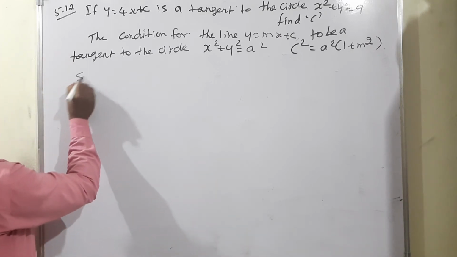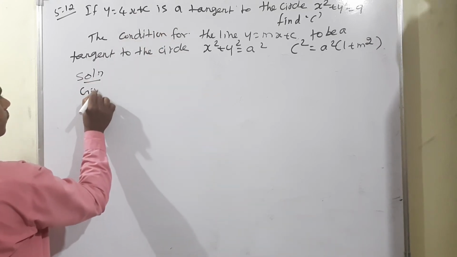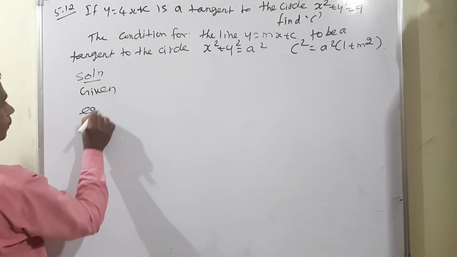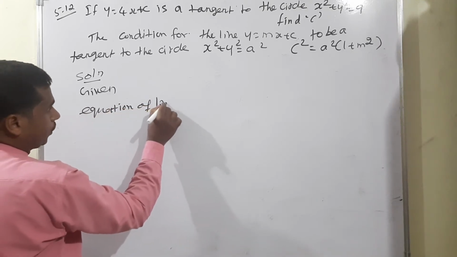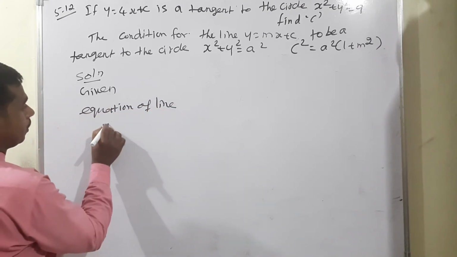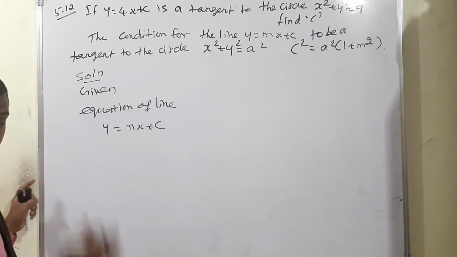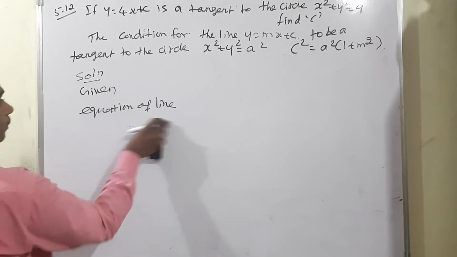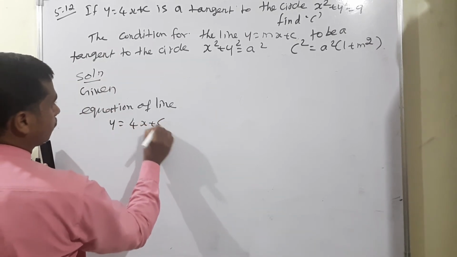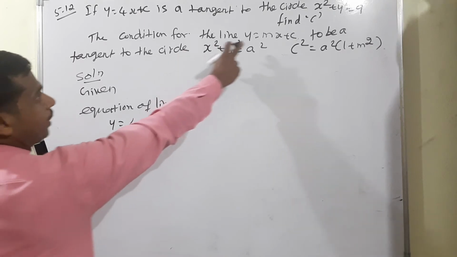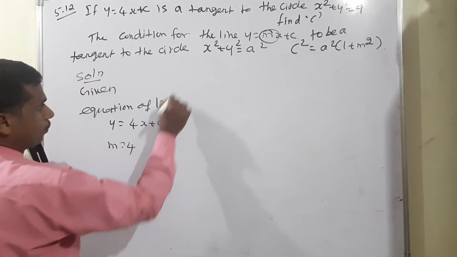So solution. First, given equation of line. So equation of line means y is equal to mx plus c. But given equation of line, what is the line? y is equal to 4x plus c. Therefore, comparing with mx plus c, m is equal to 4.